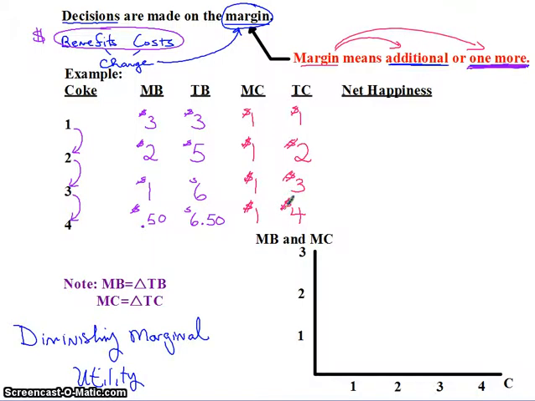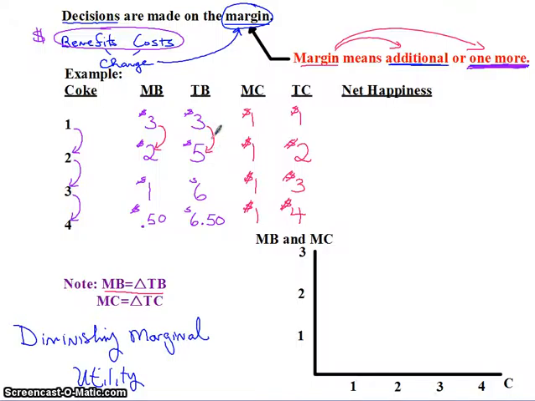So notice this. Notice that the margin is always a change in the total. So the marginal benefit is a change in the total benefits, right? Here the marginal benefit for the second Coke was $2. Why? There's the change in the total benefits.